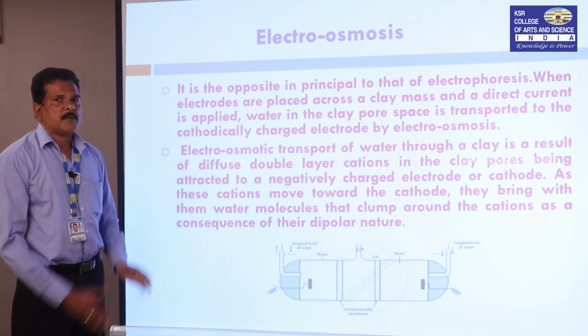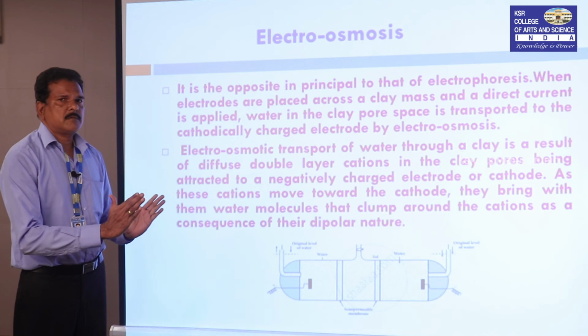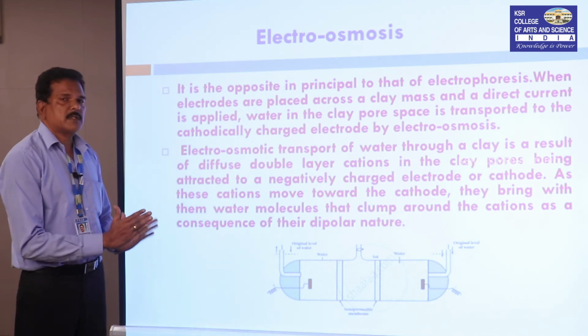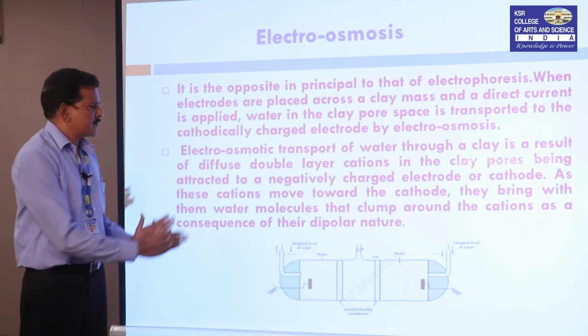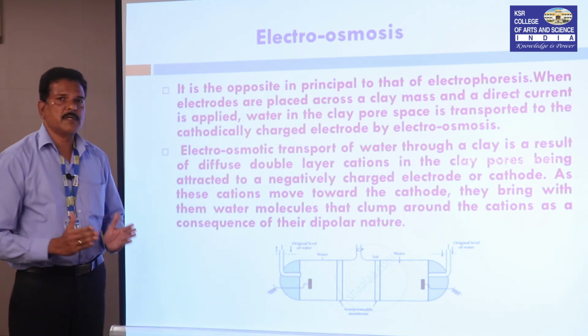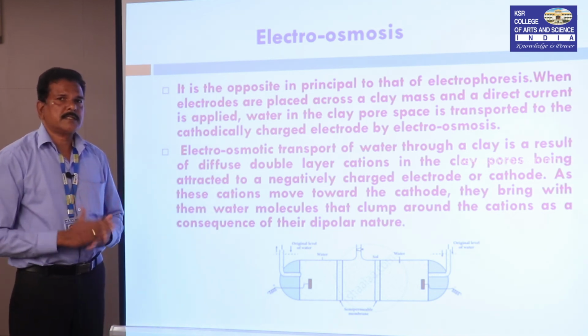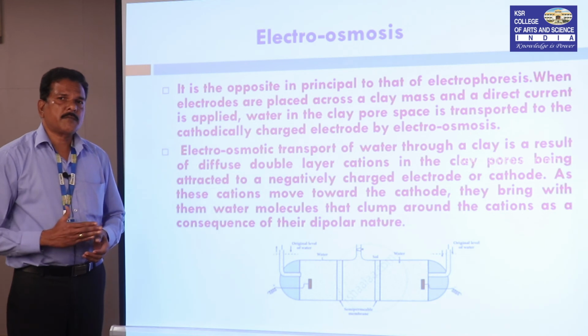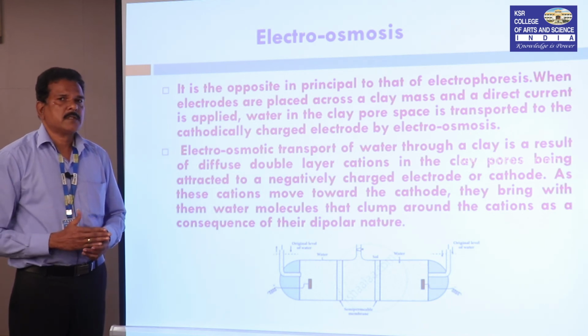Only the medium moves towards the electrode, because the colloidal particles are prevented by a semi-permeable membrane. So the medium only moves, and the colloidal particles do not move anywhere. This property is said to be electro-osmosis.